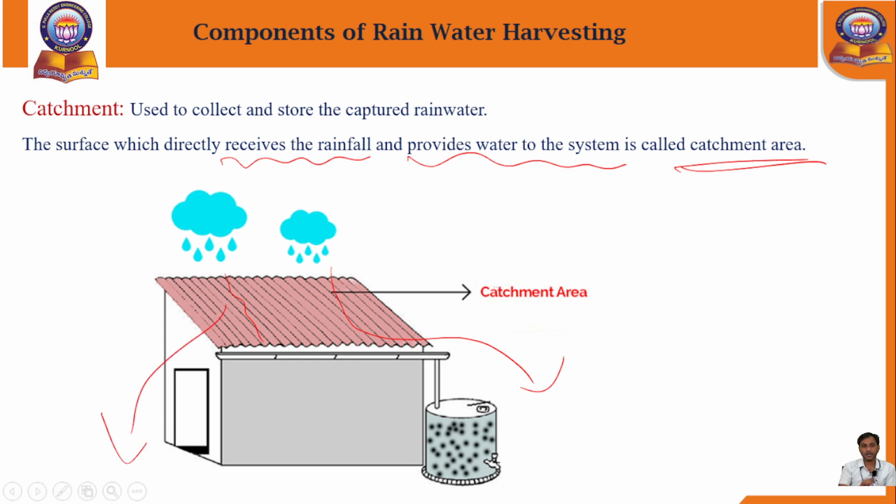So for these types of roofs, we have to provide horizontal drains. These horizontal drains are connected to the top of the roofs, where the collected water can be easily gathered.